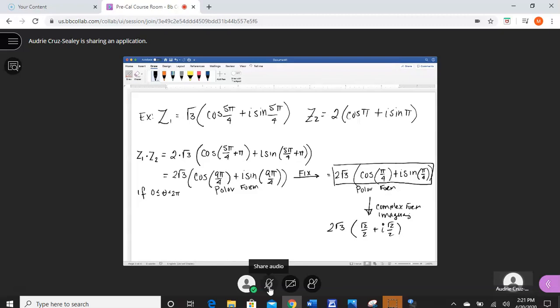And then you would distribute. So what would you get? Square root of 6 plus i the square root of 6. And this is your answer in imaginary form. So this is the same number, except this one's in polar form and this one's in imaginary form. I'm stopping.